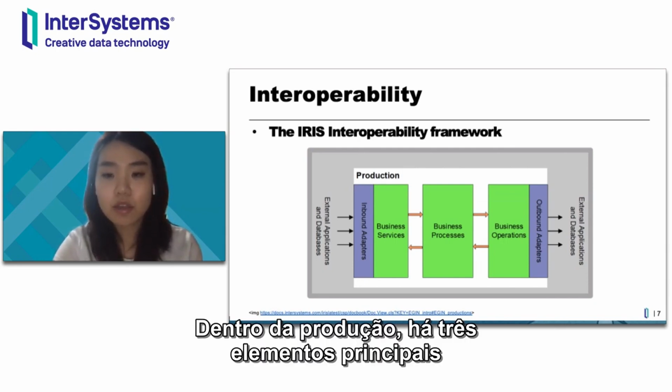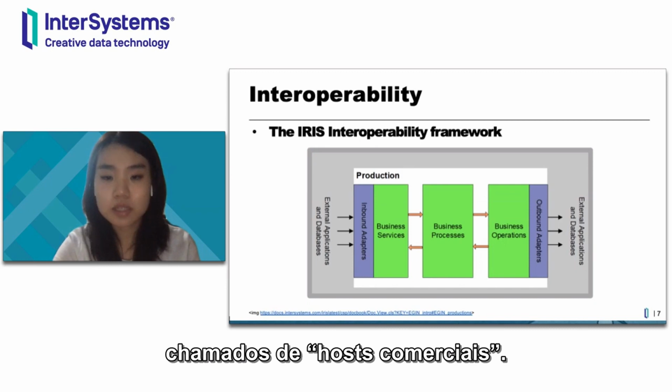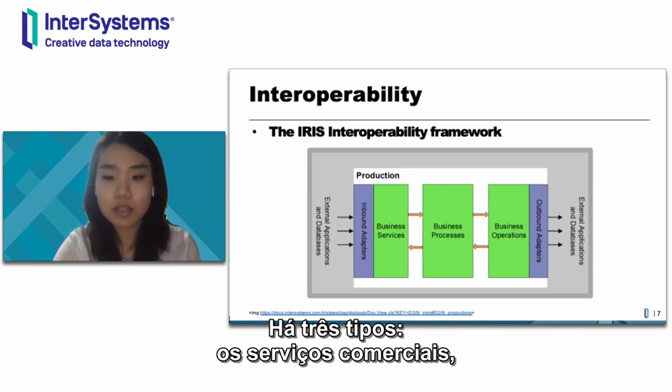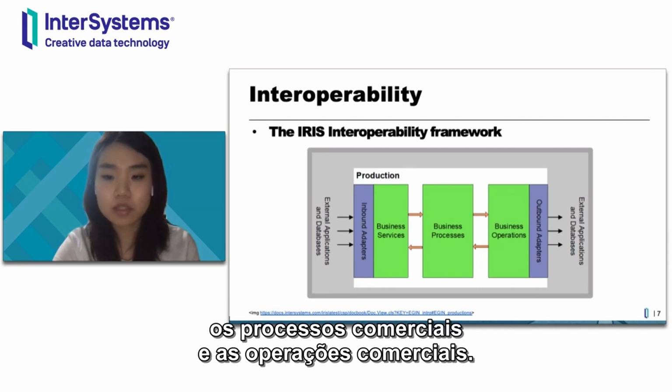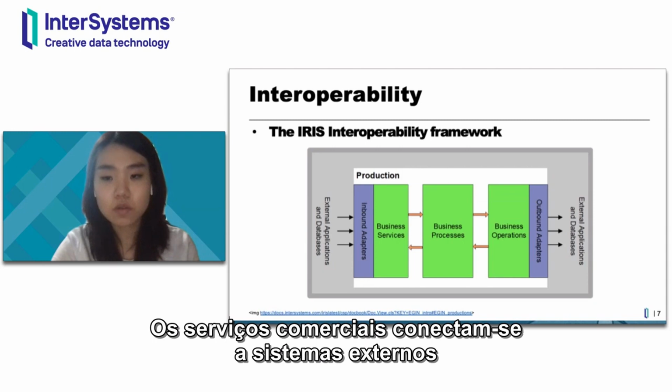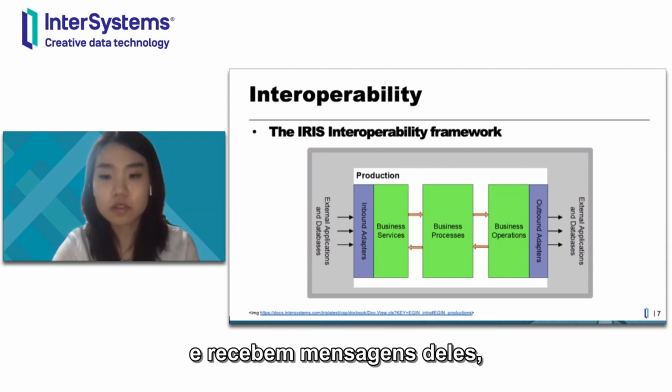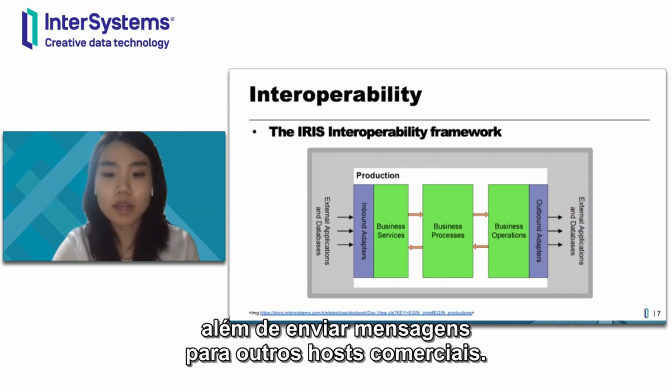Inside a production, there are three key elements called business hosts, and there are three kinds, which are the business services, the business processes, and the business operations. The business services connect with external systems and receive messages from them, and they also relay the messages to other business hosts.